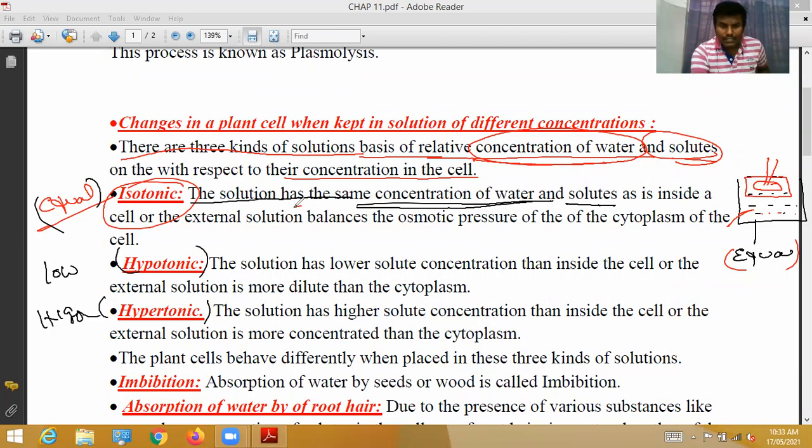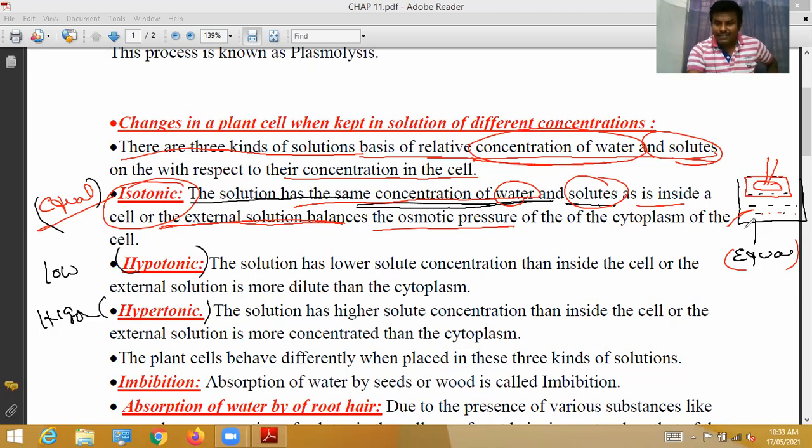The external solution and the inside of the cell have the same concentration, so the external solution balances the osmotic pressure. No osmotic pressure takes place. When it becomes reversed, there is a chance for osmotic pressure to occur.